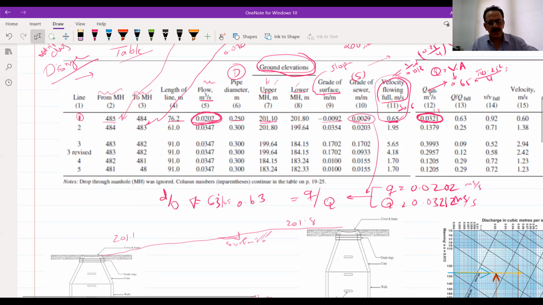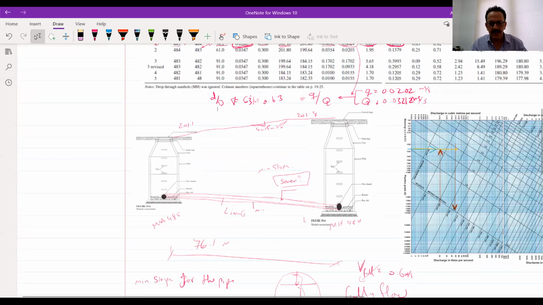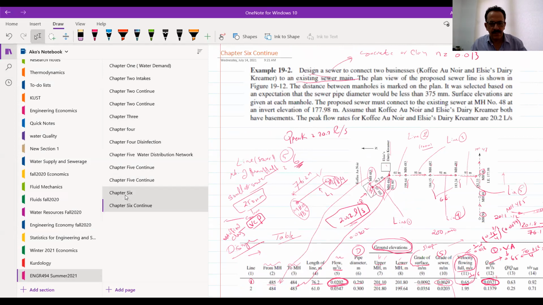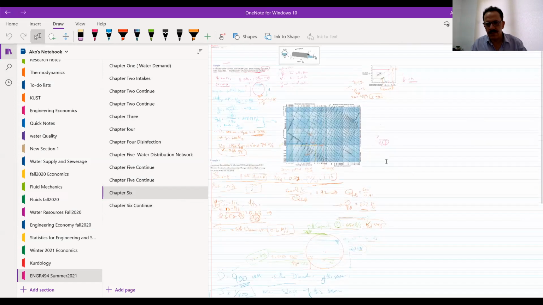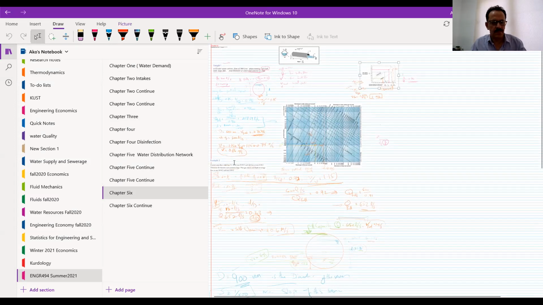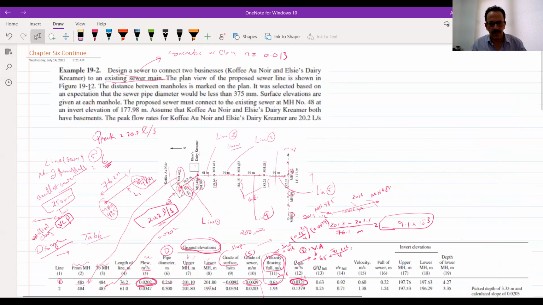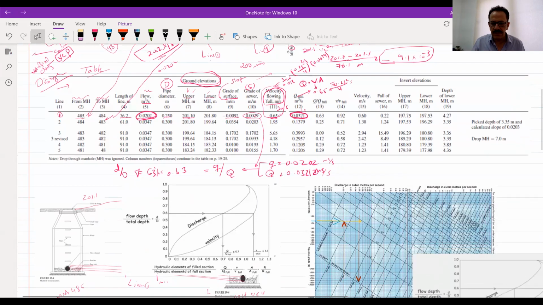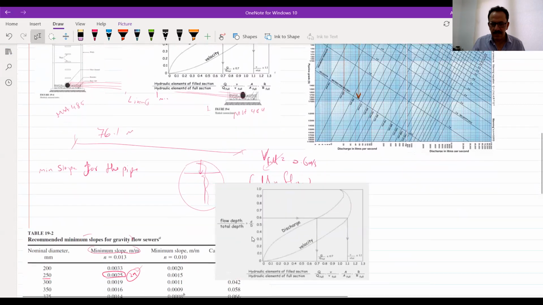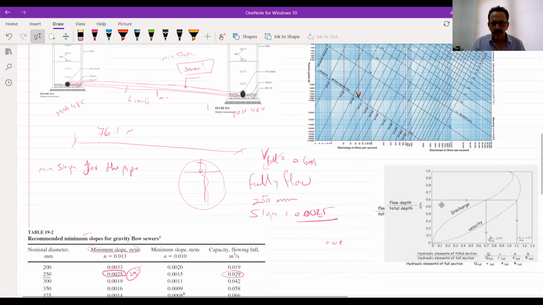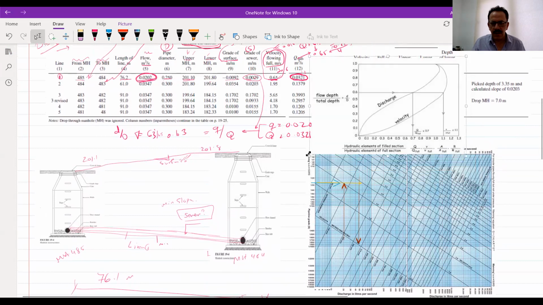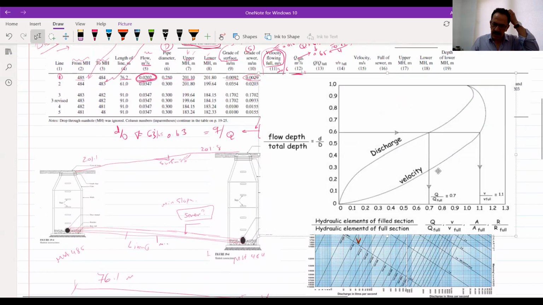From which curve? From the partial curve. And here's the d over D. Yeah, this is d over D. Now I am using this value, which is 63%.